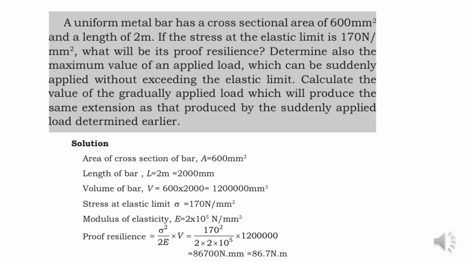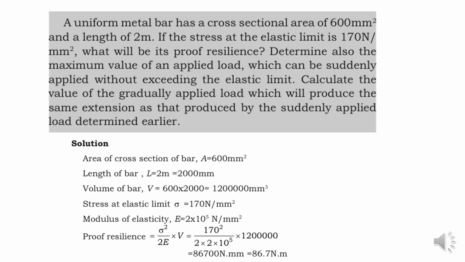Now let's write down the given data. The area of cross section of the bar is 600 mm square, and the length is 2000 mm. The volume can be found by area into length, that is 600 into 2000, so we obtain 1200000 mm cube.